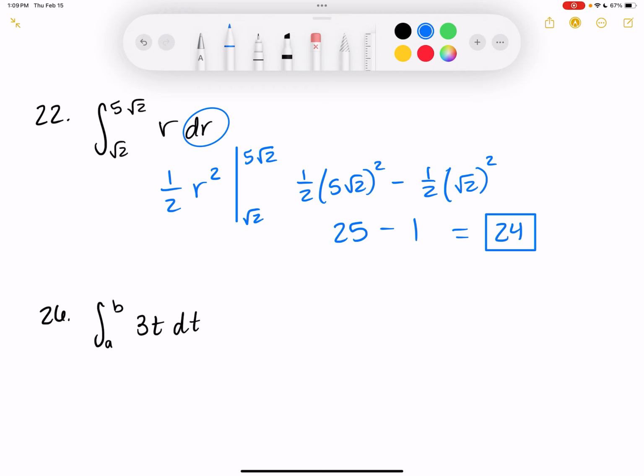And I guess it also tells us that 0 is less than a is less than b. So it basically just tells us that these are positive and that b is bigger than a. Okay, so what is the antiderivative of 3t?